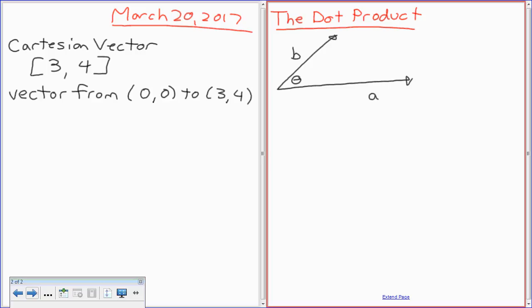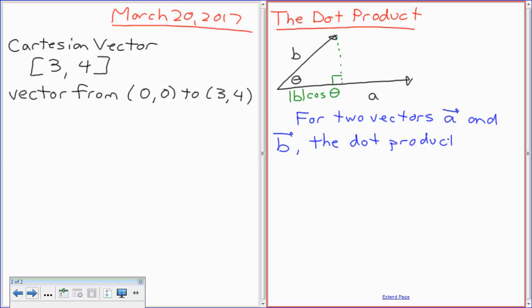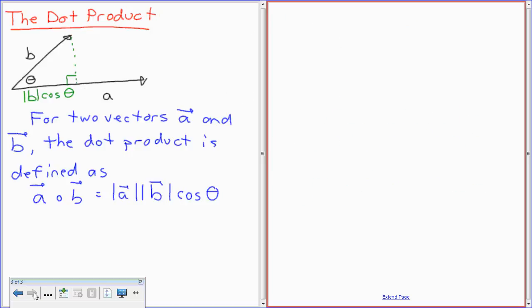There's B. This whole thing's A. Okay, so we're going to say for two vectors, A and B, the dot product is defined as A dot B equals magnitude A, magnitude B cos theta, where theta is the angle between A and B.